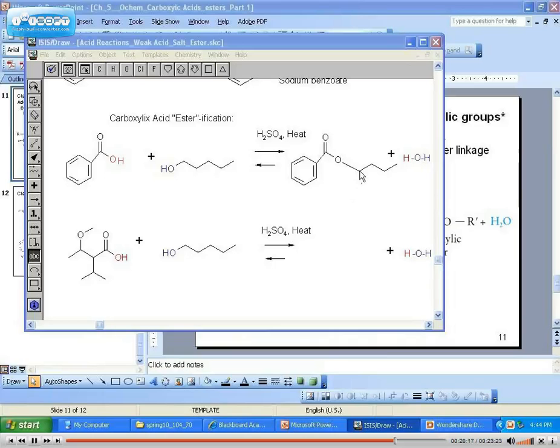So in this case, we start counting from the carbon which is directly attached to the original alcohol of the carboxyl group, so the single bonded oxygen. This will be carbon 1, carbon 2, carbon 3, and carbon 4. So it's going to have the initial name butyl.